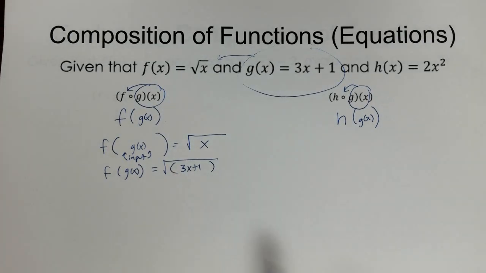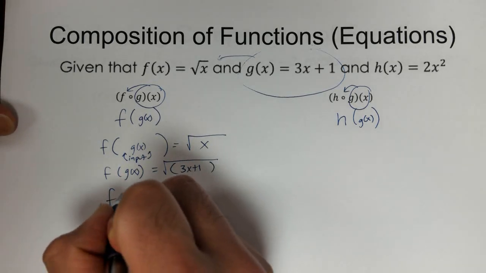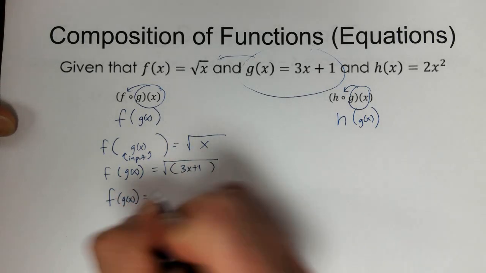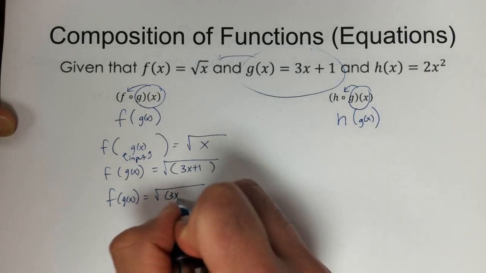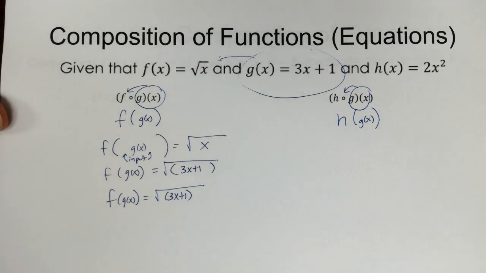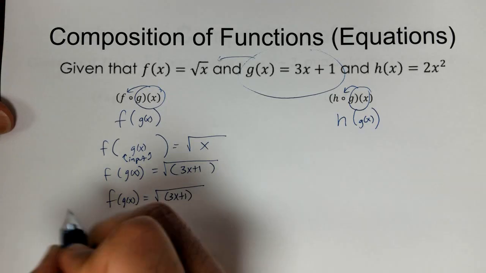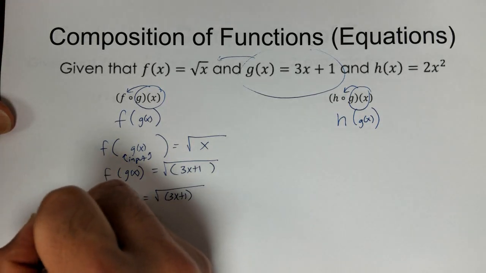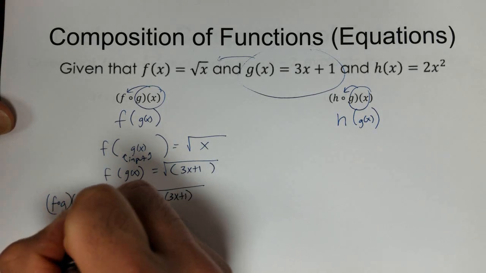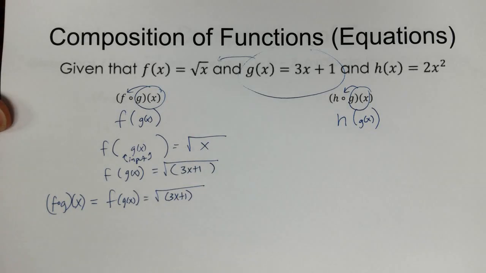Now here I can't combine like terms, I can't simplify, so that becomes my function. f of g of x is equal to the square root of 3x plus 1. I can also use this other notation if I prefer, f of g of x, to say the same thing.